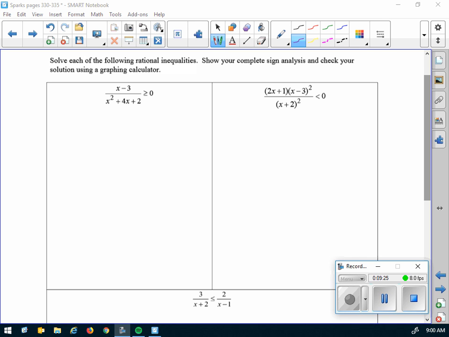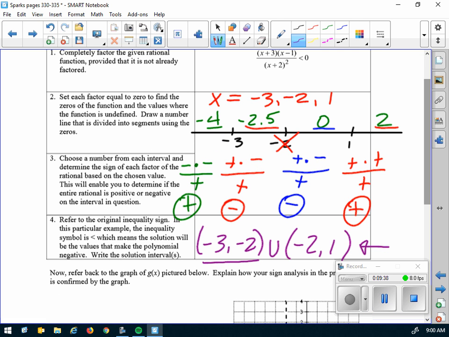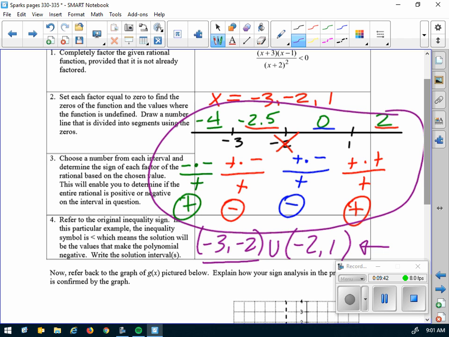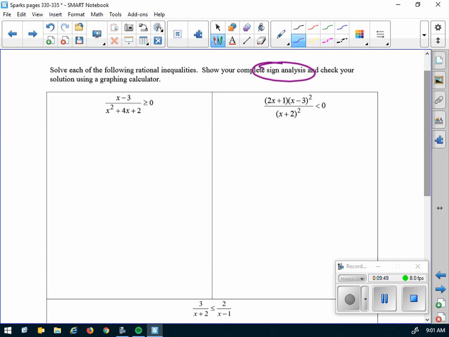Here we go. Solve each of the following rational inequalities. Show your complete sign analysis. Sign analysis means this here. This is your sign analysis. And check your solution using a graphing calculator.